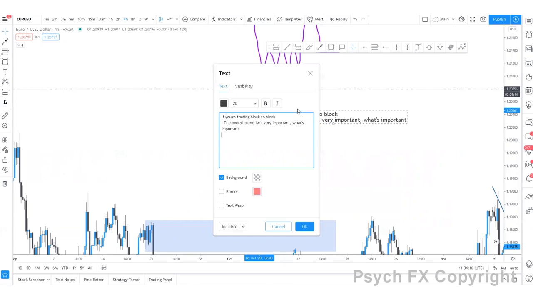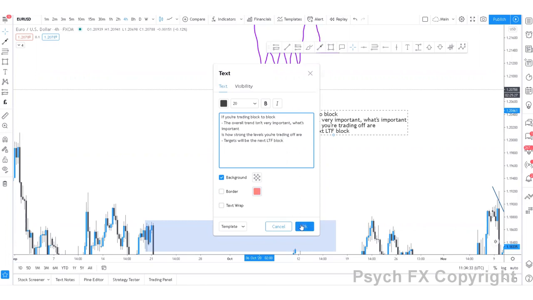What's important is how strong the levels are. Targets: next lower time frame block.